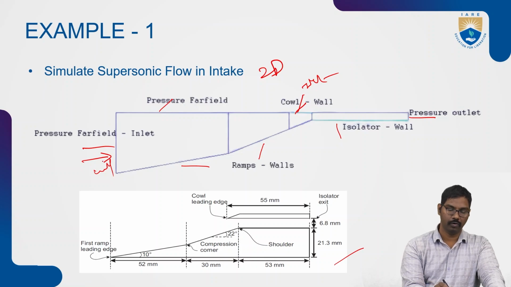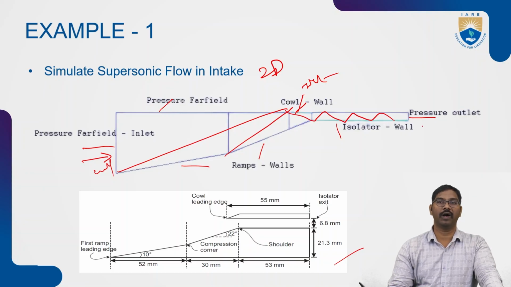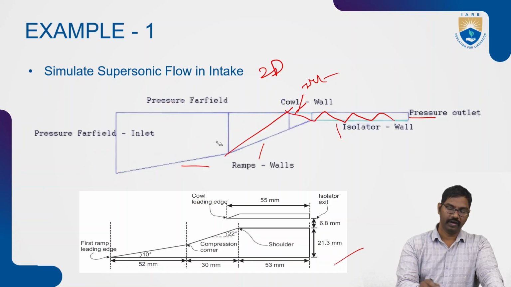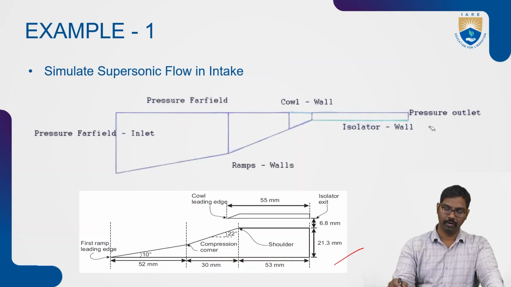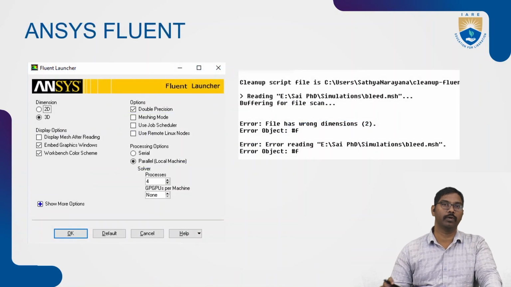Because once the flow starts here, supersonic flow, we will get some shock waves. So we have to capture the reflection of the shock waves and how the flow is passing through that particular intake. For this case, if you define inappropriate boundaries, it may lead to an ill-posed problem.